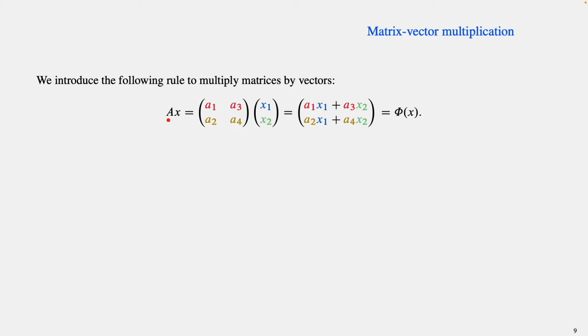And if A was the matrix that we established for the linear map phi, then this matrix vector product is precisely what we get when we apply the linear map phi to the vector x. So this matrix vector multiplication does in fact represent the application of linear maps.